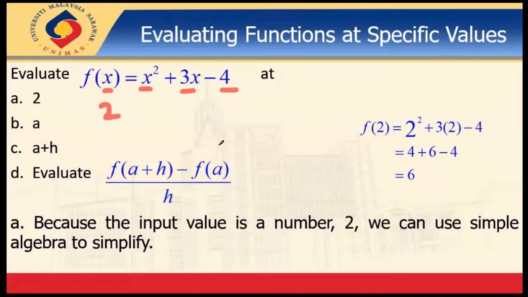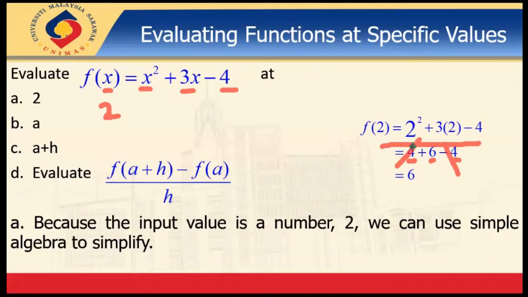And here there is no x, so no need to put anything. So 2 square is equal to 4, right? And 3 multiplied by 2 is equal to 6. And then minus 4 stays the same. So 4 plus 6 equals 10, and 10 minus 4 equals 6. Or you can say that negative 4 and positive 4 cancel each other, and plus 6 is the output.